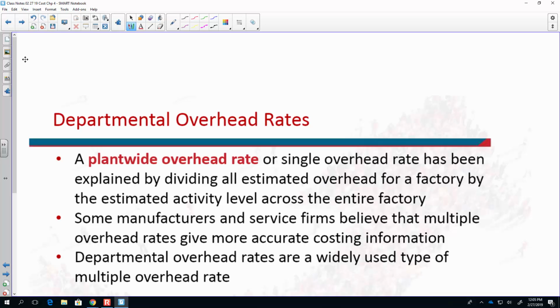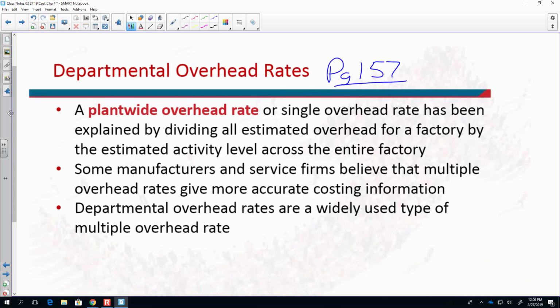When we hit the next section here, where they talk about plant-wide rate, again, it's more terminology. On page 157, if you get a chance this weekend, please read this chapter. There's not a lot of reading there, but boy, there's a lot of terminology in this chapter.